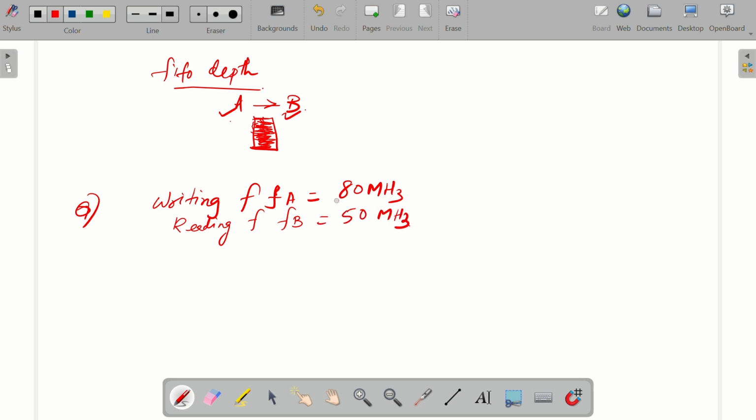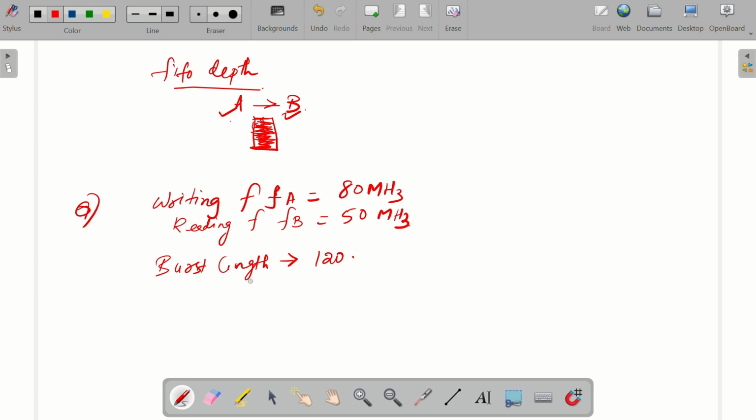We can see that the domain A frequency is more than the domain B frequency, because of which there is a possibility that data might be lost. So in order to prevent that, we'll find the FIFO depth. Now the burst length, or the number of data items transferred at once, is 120.